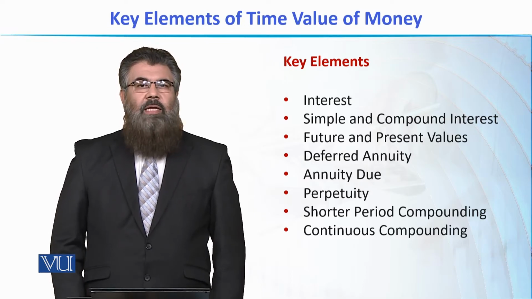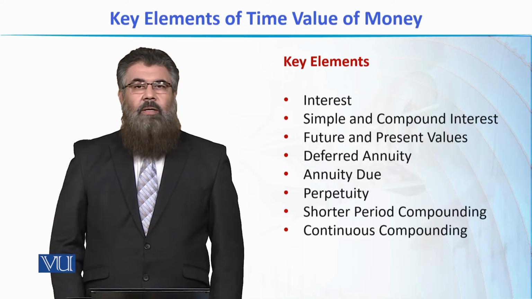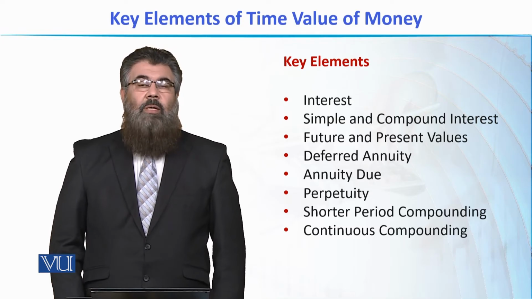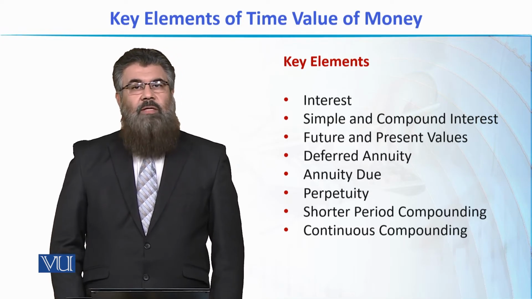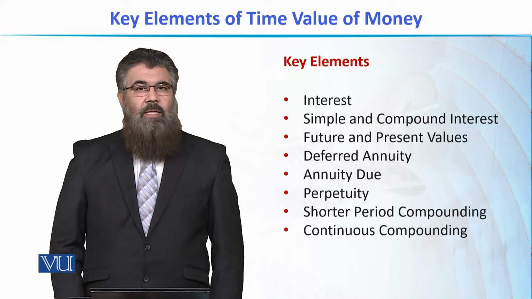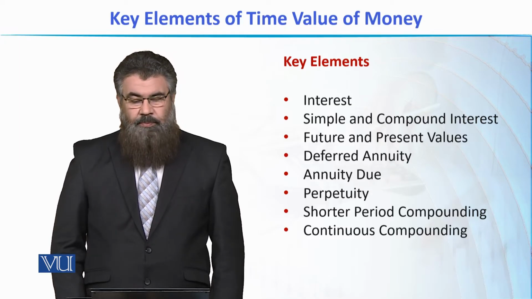So if we want to calculate the future value, we add interest in the present value in order to get the future value. Similarly, if we want to get the present value of a future amount, we need to deduct the amount of interest from the future value in order to get its present value.